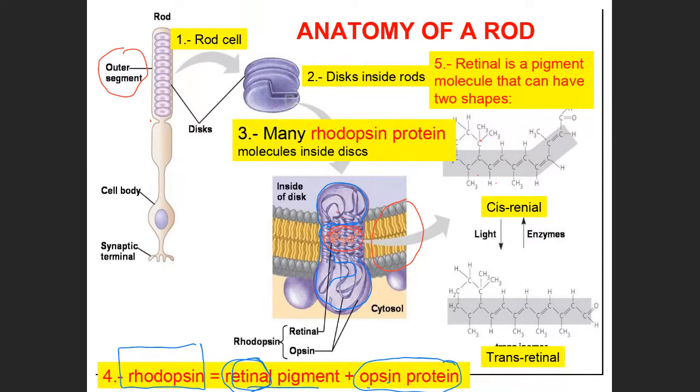And because these atoms are double bonded, and these hydrogens right here are close to each other, those hydrogens and the double bonds make this tail of carbons kink like that. This is what we call the cis-retinol conformation.